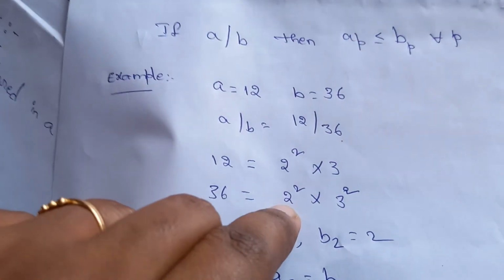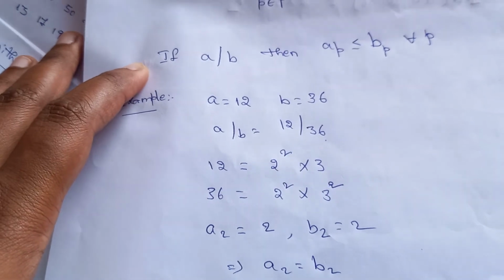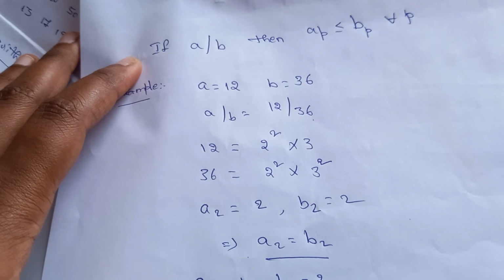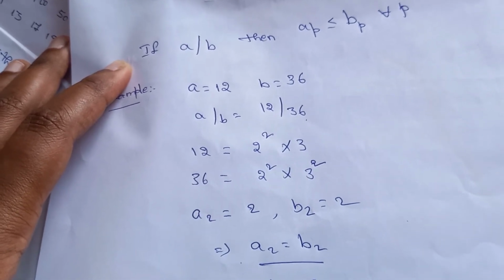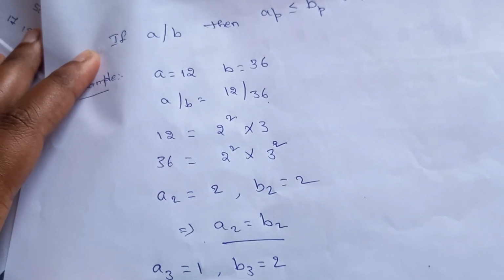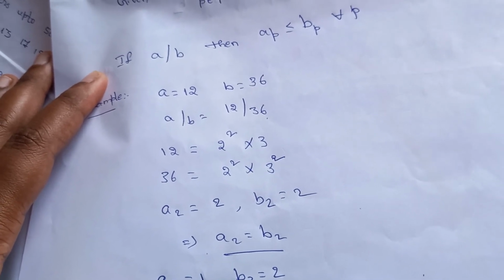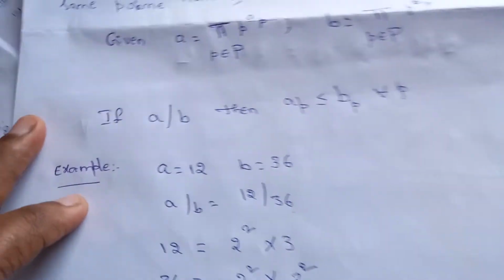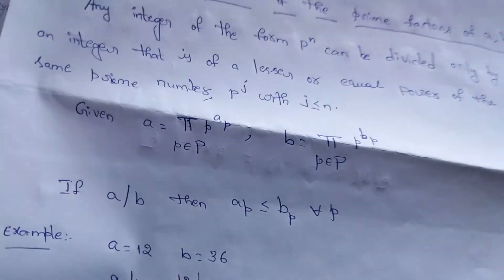In this case the prime numbers must be the same, so we consider the powers of those prime numbers and compare them. So we compare a2, b2 and a3, b3, and those are less than or equal. Is it clear? Hope you understand about the prime numbers.